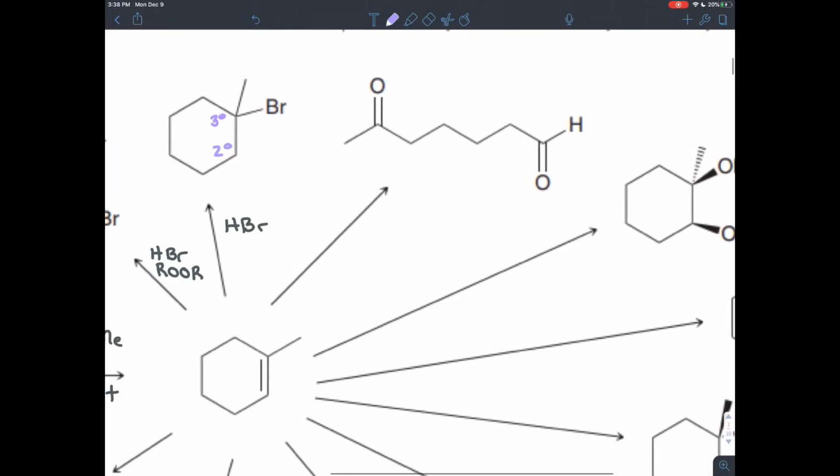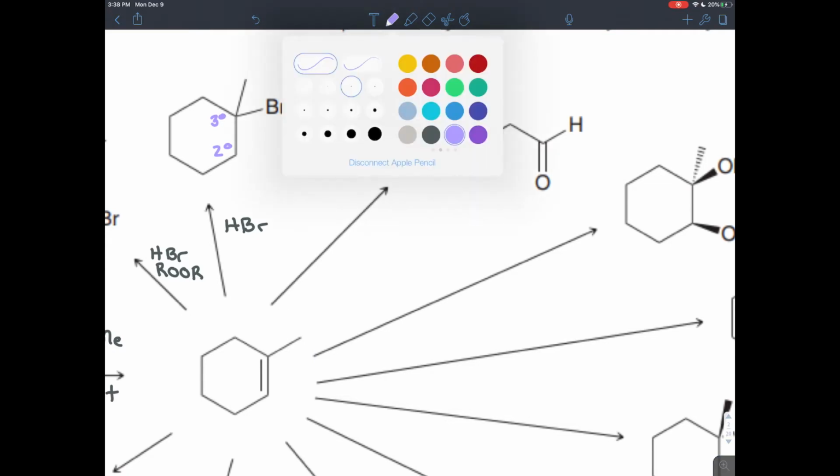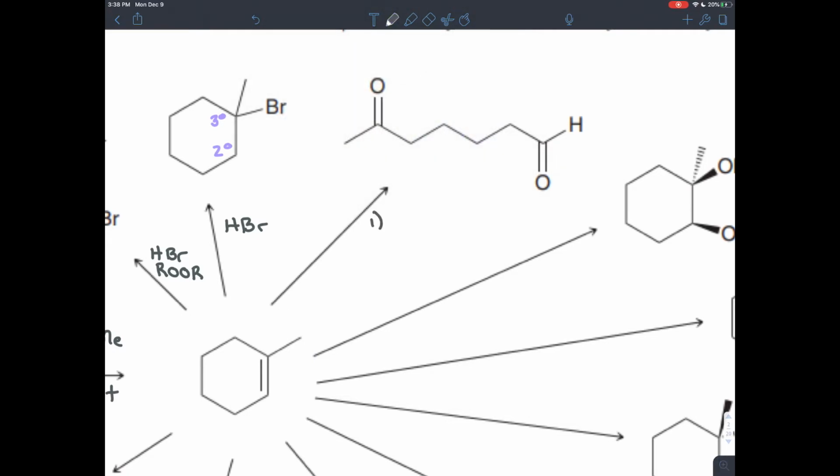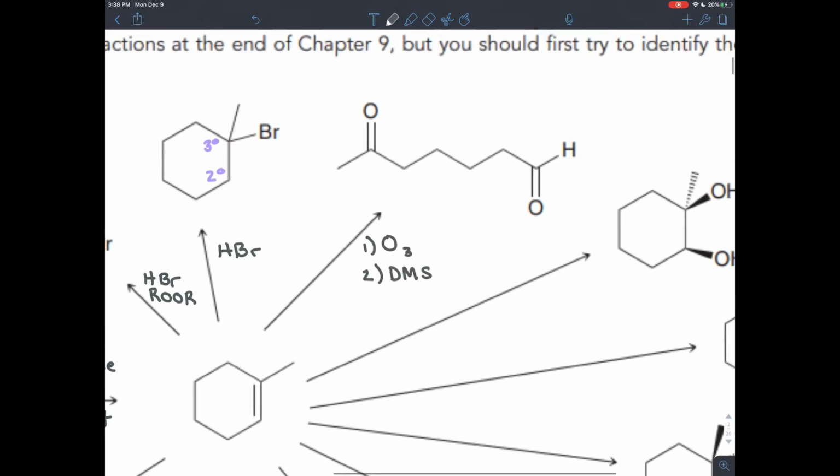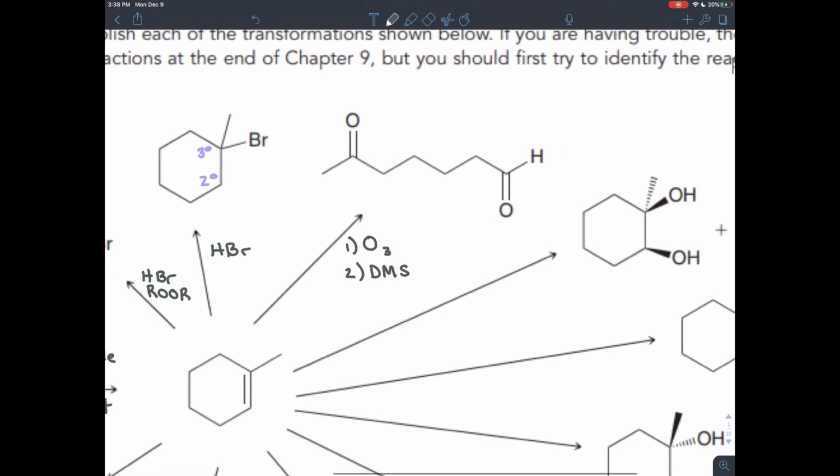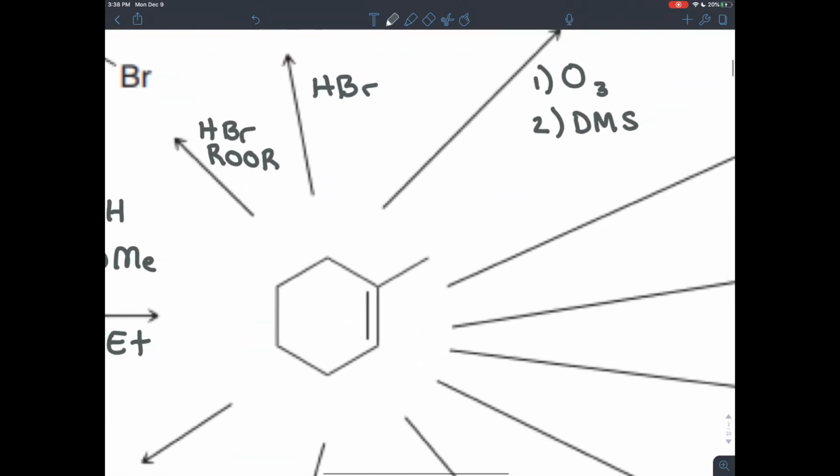Ozonolysis. Well, the recipe for ozonolysis is slightly different for an alkene and an alkyne. So you'd want to make sure that you notice that that is an alkene. And so our recipe here will first be ozone, and second, DMS, dimethyl sulfide. And what that does is, here, let me just get this molecule here.